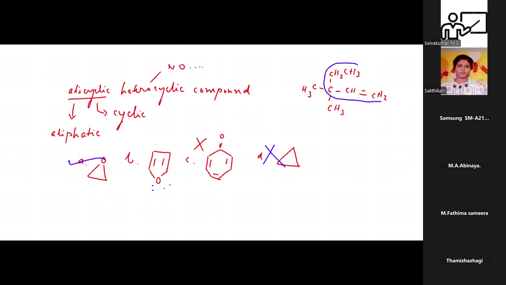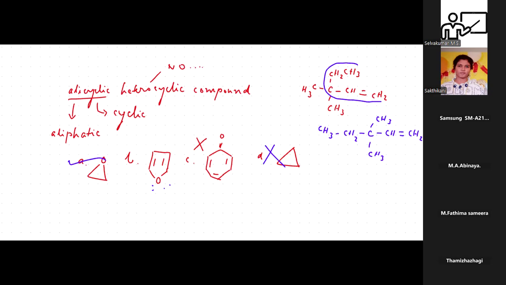If you want to understand, you write it in a different fashion. CH3, CH2, C, CH double bond CH2, two methyl groups attached, one here and one there. The same compound is written with the stretch of the longest chain in the horizontal. If you just bend it like this, you can get this. Now, the preference has to be given to the double bond.